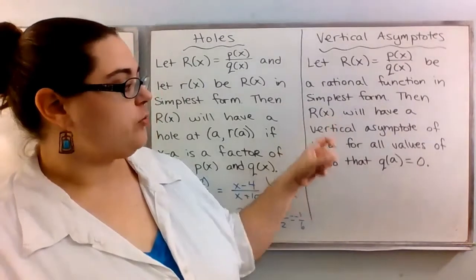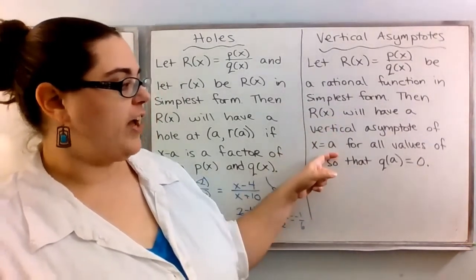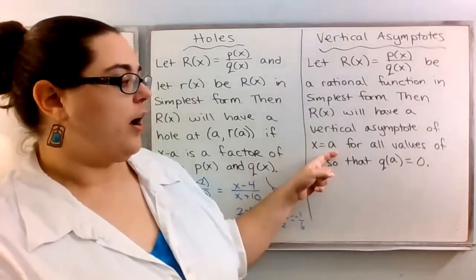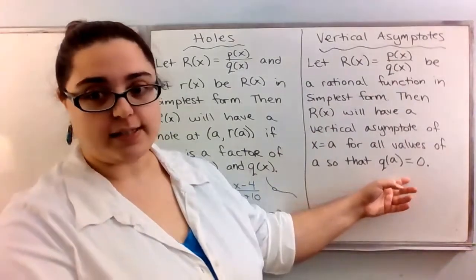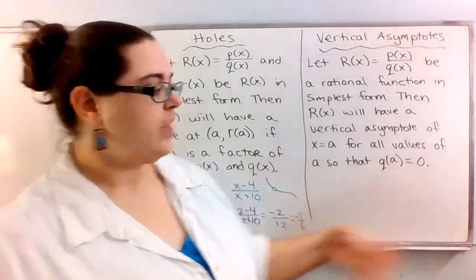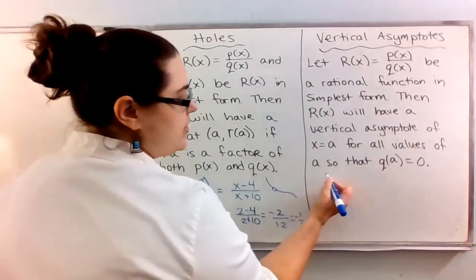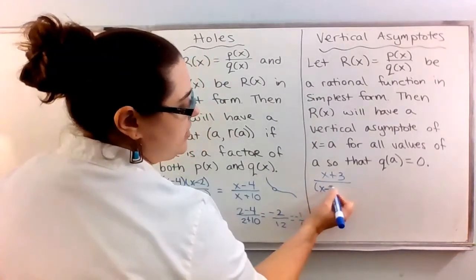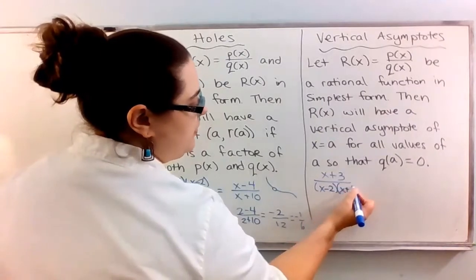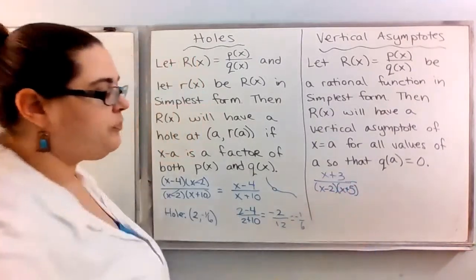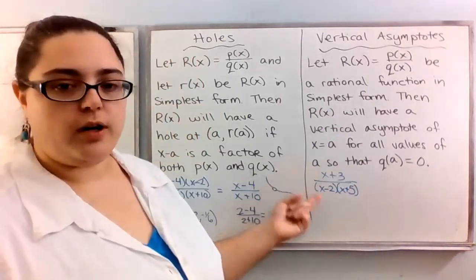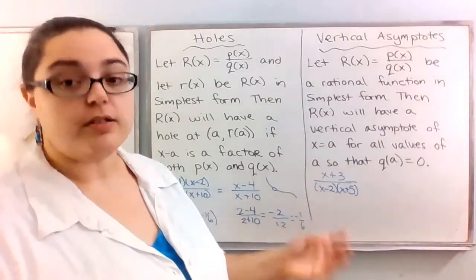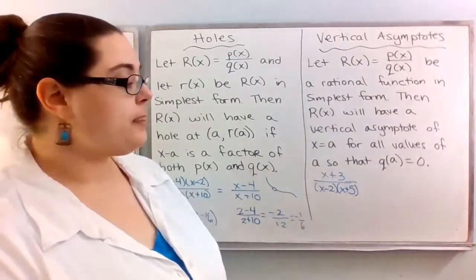So that function will have a vertical asymptote of x equals whatever, if that whatever is a 0 of the denominator. So as a real quick example here, let's say I have x plus 3 over x minus 2 times x plus 5. So here our numerator and our denominator don't have any common factors, so it's in simplest form.